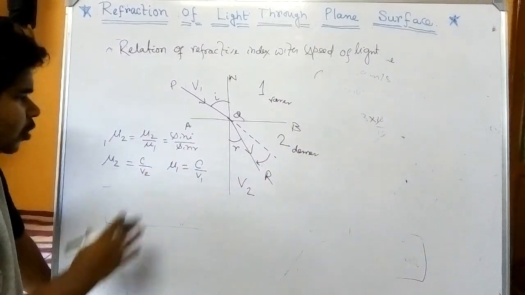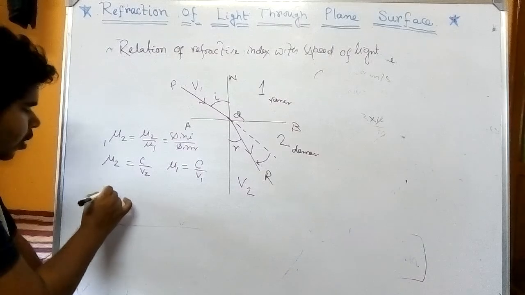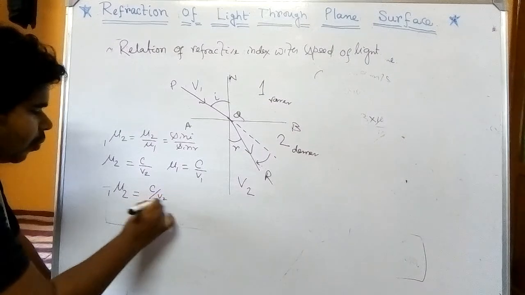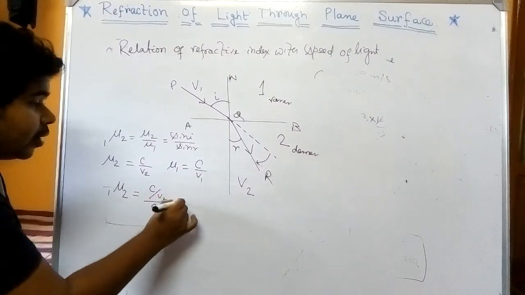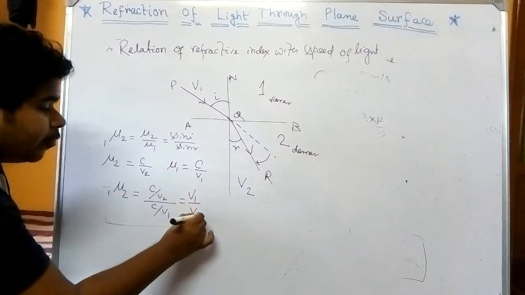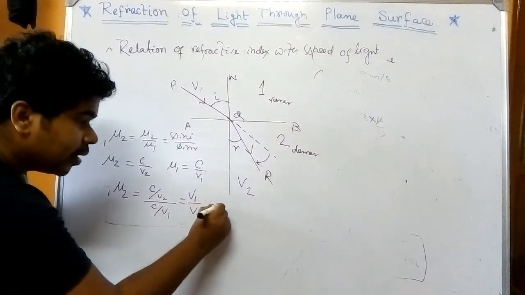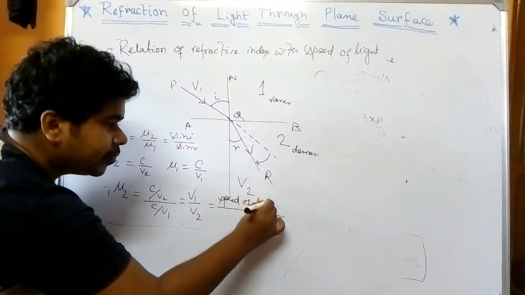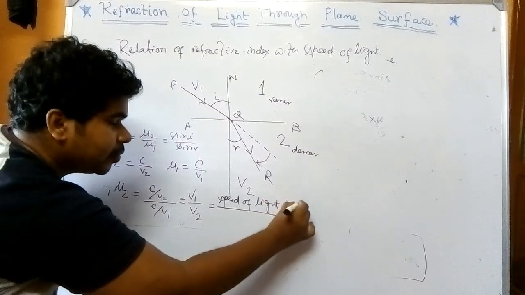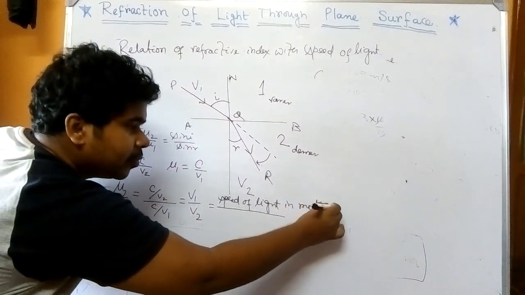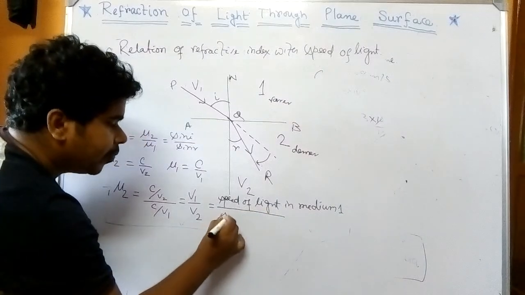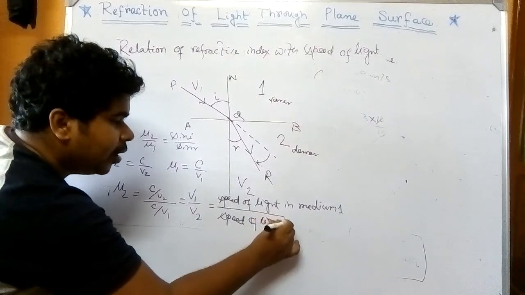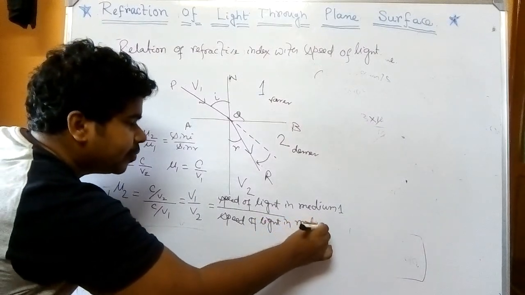So let's put the value here. That is 1μ2, which can be written as c by v2 divided by c by v1, that is v1 by v2. That means speed of light in medium 1 by speed of light in medium 2.